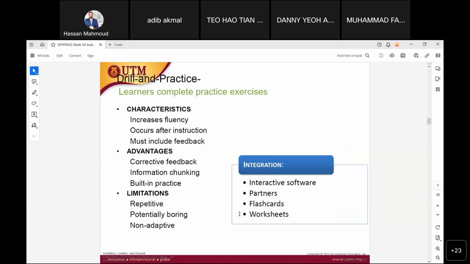Now, the advantage of this is that we as teachers are able to correct our students, to give them feedback before they end it, right? As many times as we can, so we avoid any mistakes. That's why it's called drill and practice. We do it and we do it again. We repeat until we master this skill. Okay?